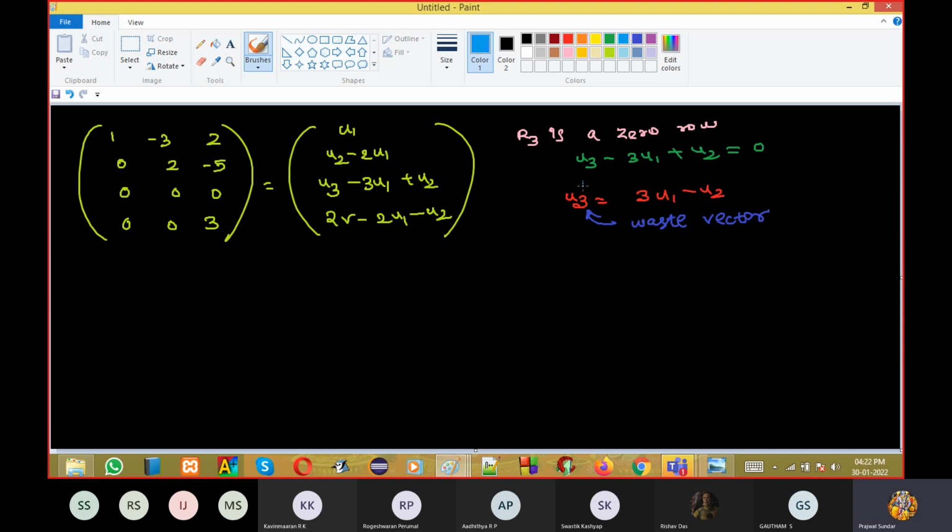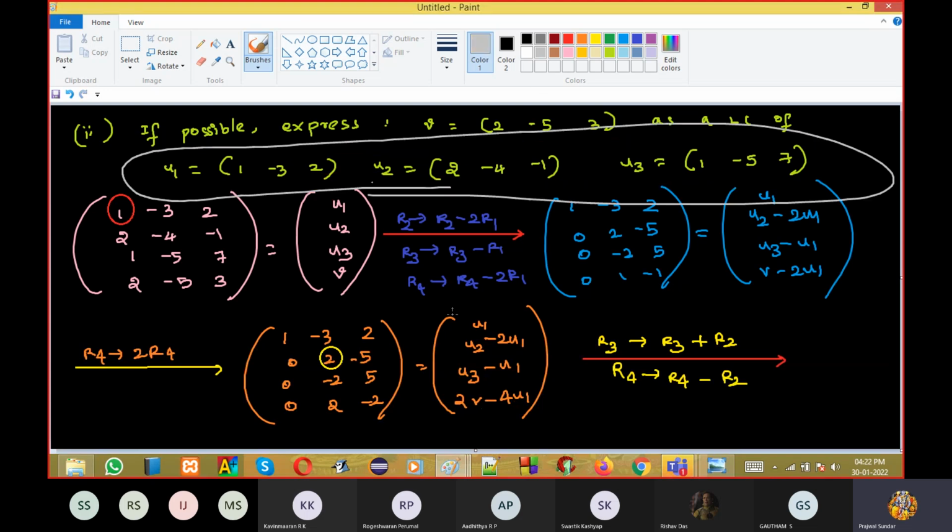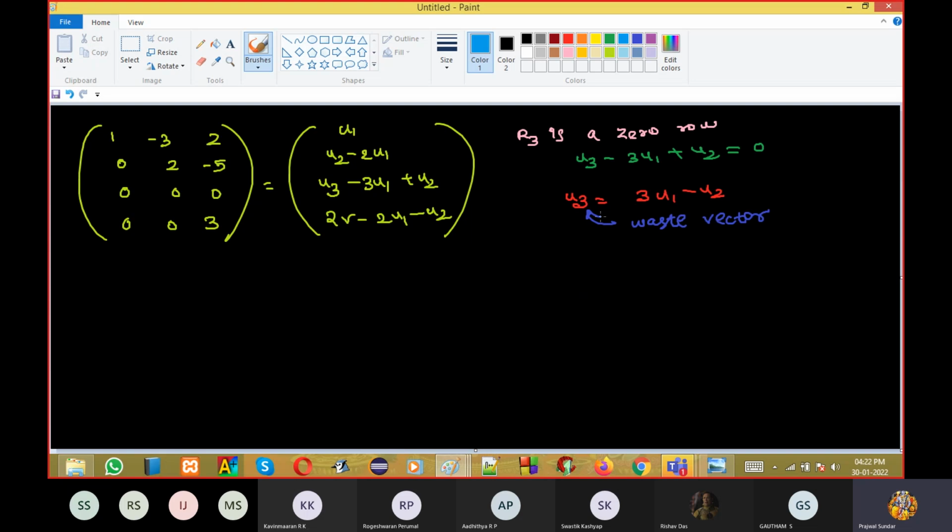Because we are taking these 3 vectors as our reference. But I told you that when you are taking a reference, don't take a waste vector. See, this vector you can write as 3 u1 minus u2. So why do you want to take u3? Whatever work u3 is doing, these two are doing together. So it's the waste vector. So because it's the waste vector, we are eliminating it completely from our columns.